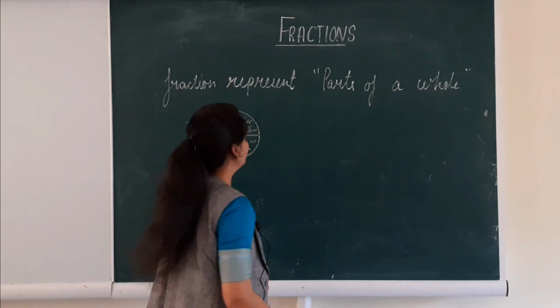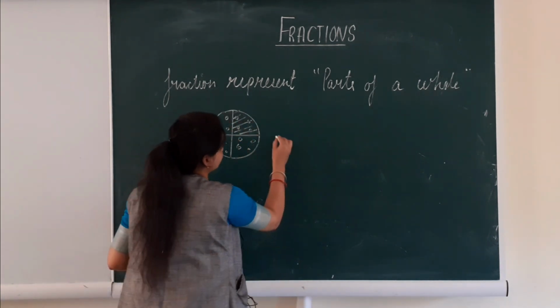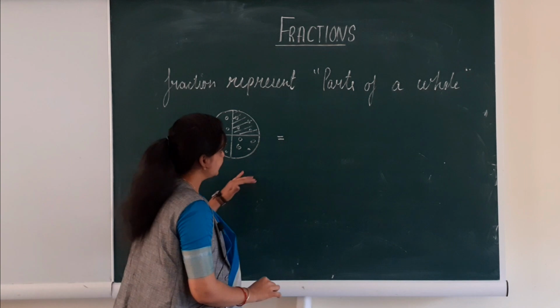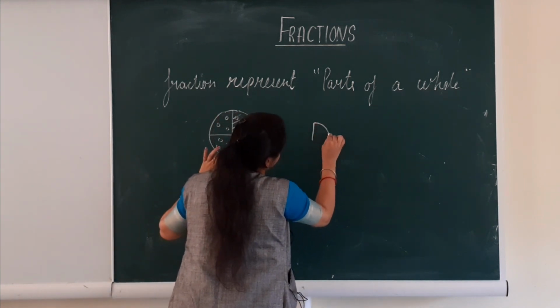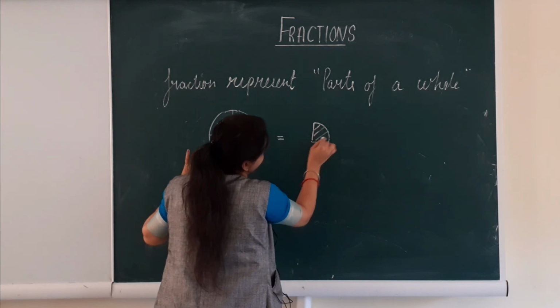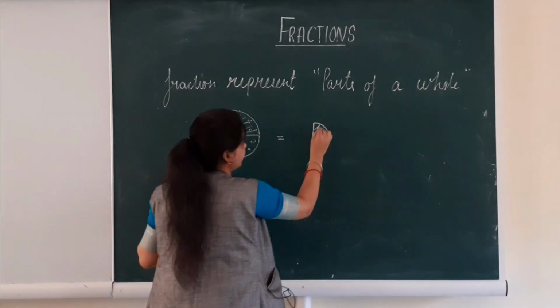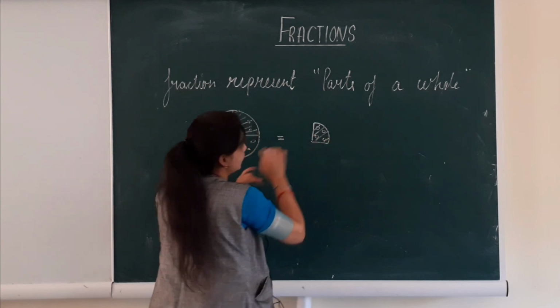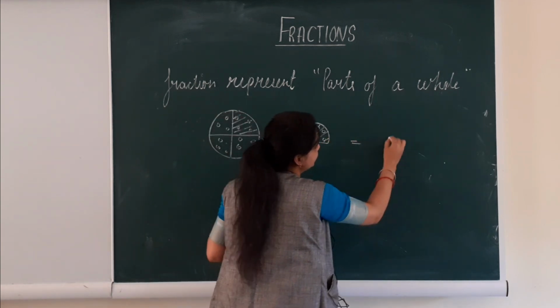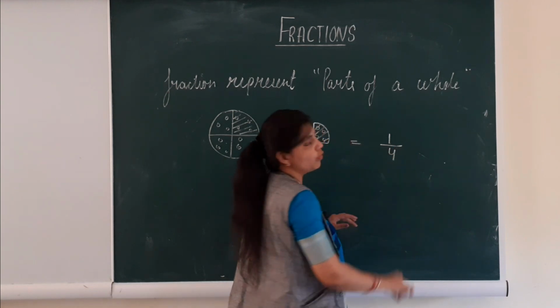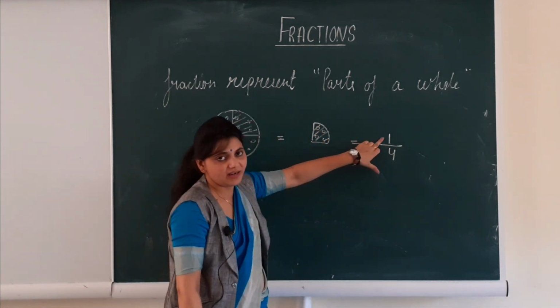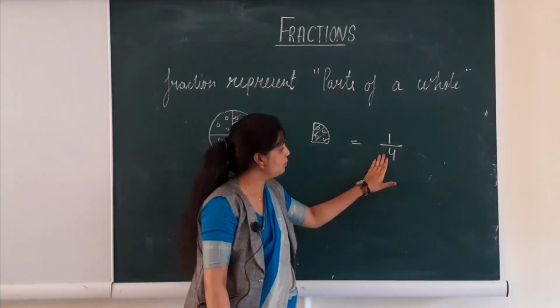Then how to represent that portion? I can say that I ate that much portion of pizza. So we can represent it as one part out of 4 parts.